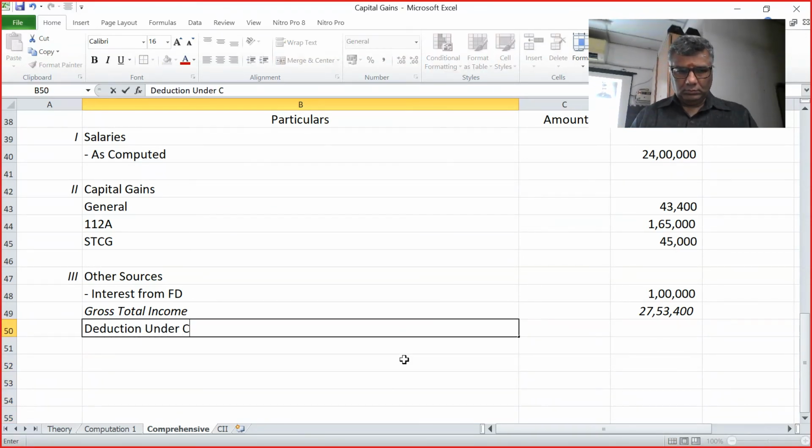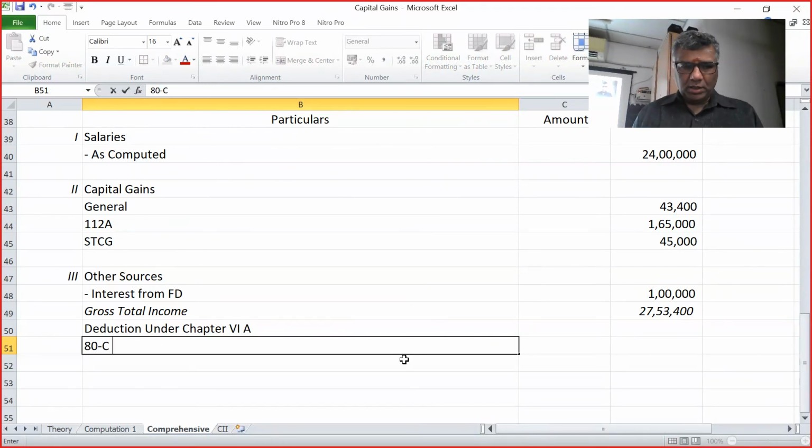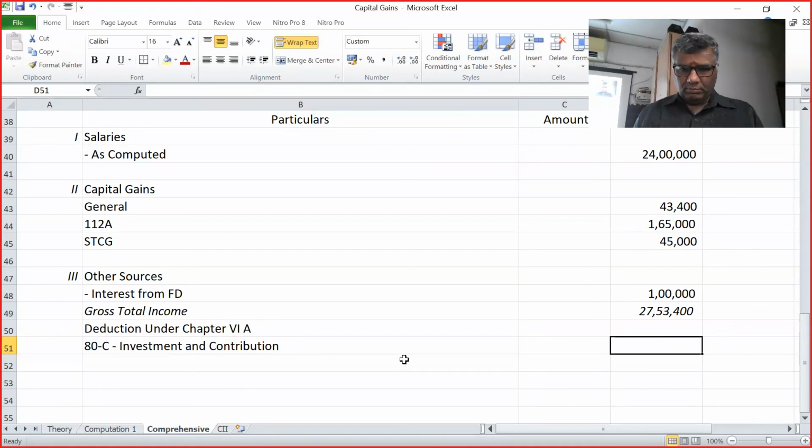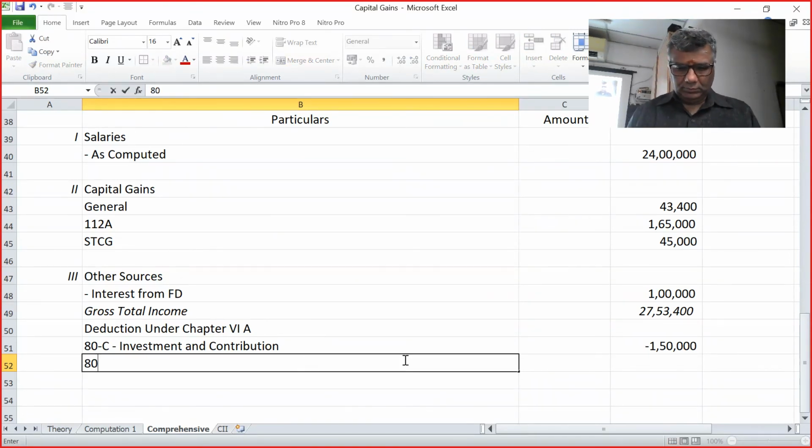We will read all these things later, don't worry. But as of now, with your inter-knowledge, maximum you can claim is only 1,50,000. Medical insurance premium, insured being senior citizen, you can go up to 50,000.